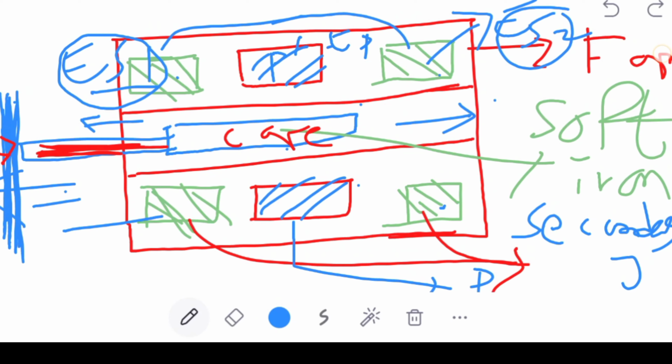Next, the soft iron core. A movable soft iron core is placed inside the former. The displacement to be measured is applied to the arm attached to the soft iron core.